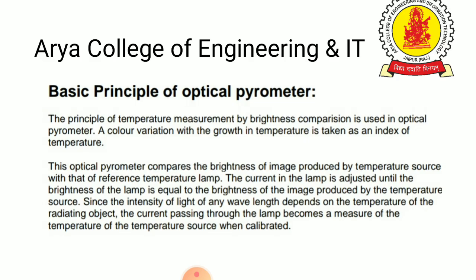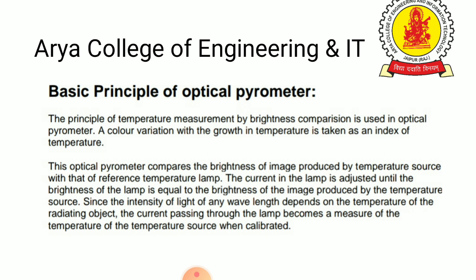Now we start with the basic principle of optical pyrometers. The principle of temperature measurement by brightness comparison is used in optical pyrometers. A color variation with a growth in temperature is taken as an index of temperature.